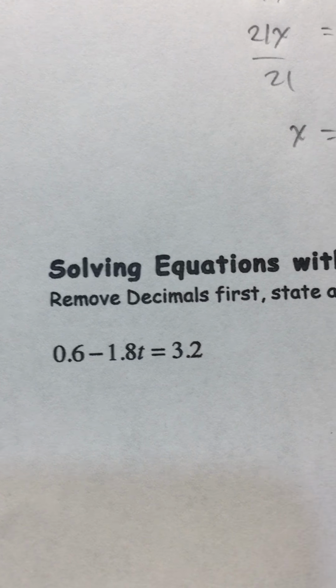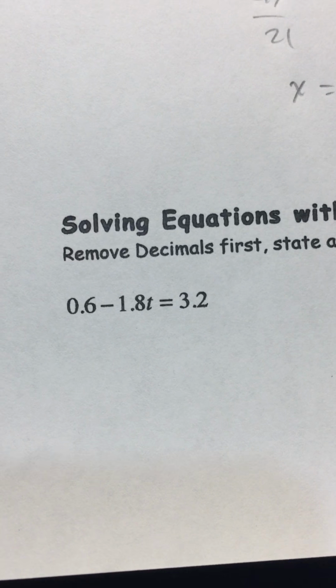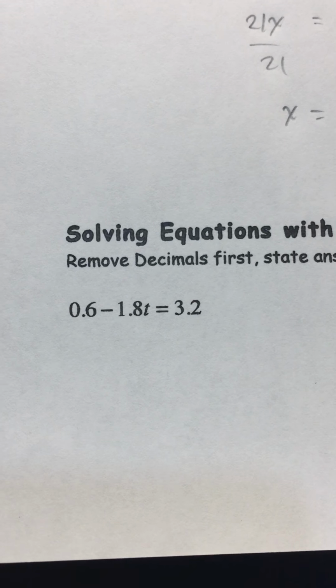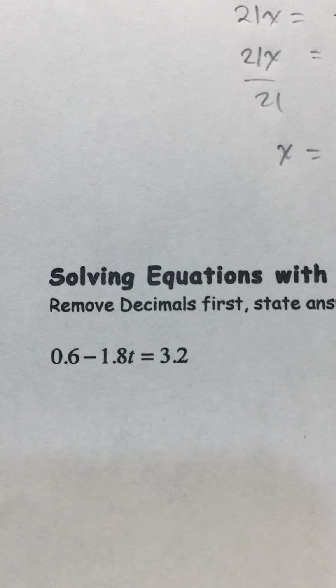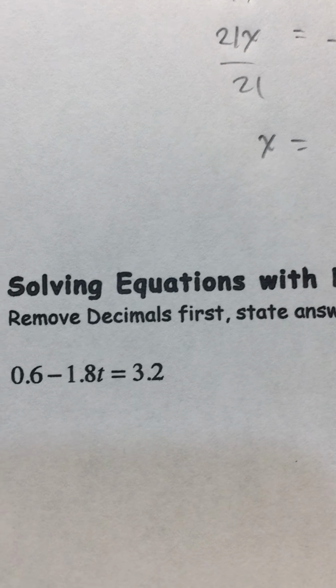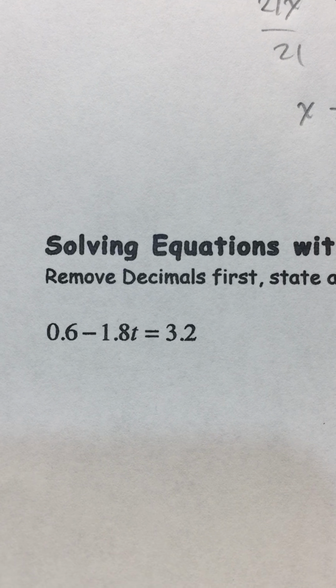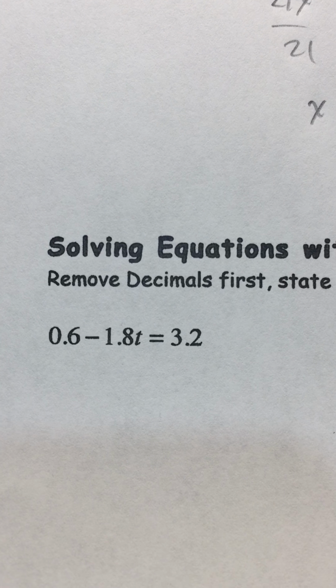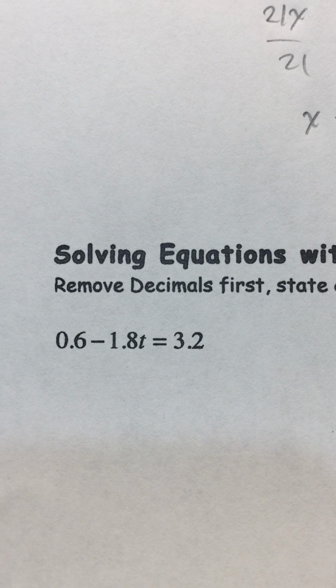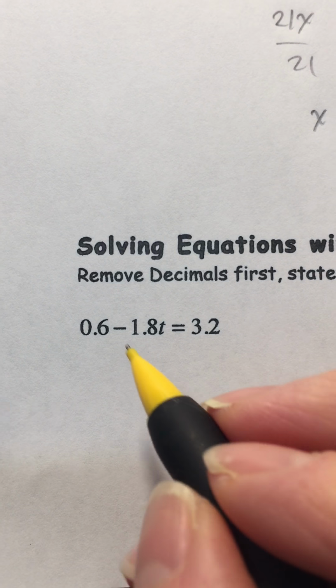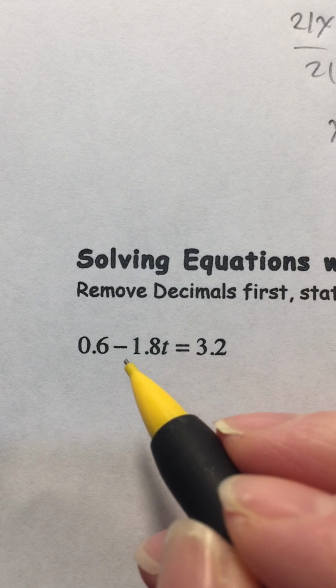And the last thing is solving equations with decimals. Basically, I'd get rid of all the decimals first. The next lesson is going to talk about solving equations with fractions, and this is kind of a version of that. You can see that they all have one decimal place.